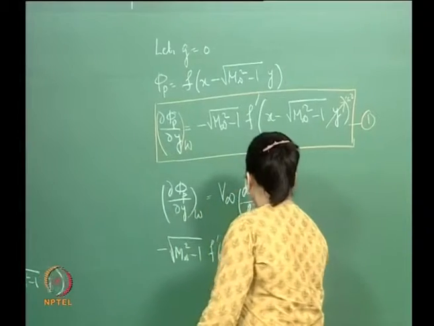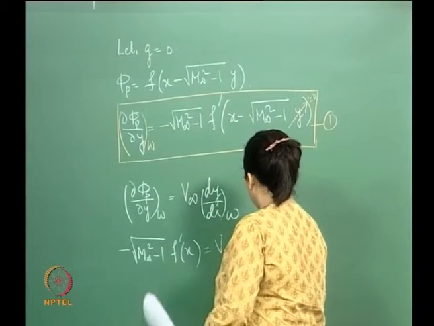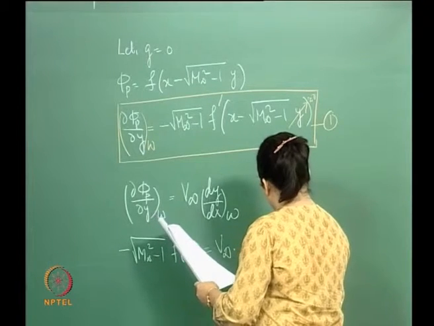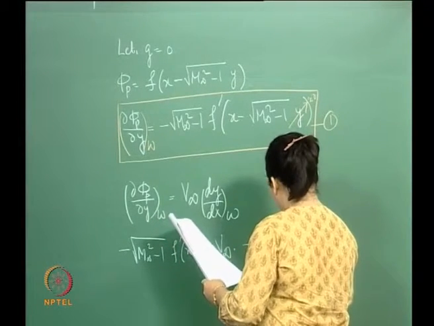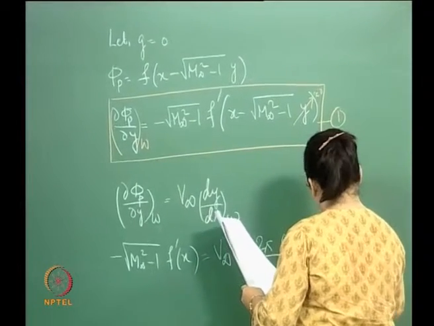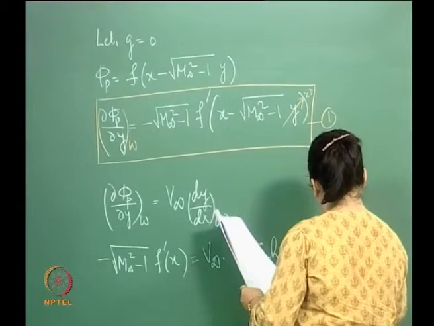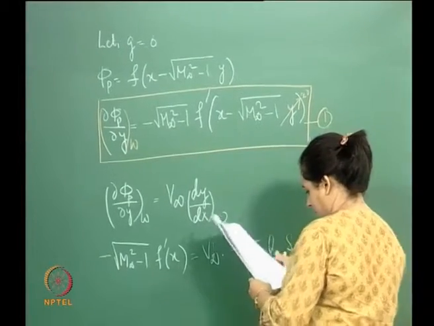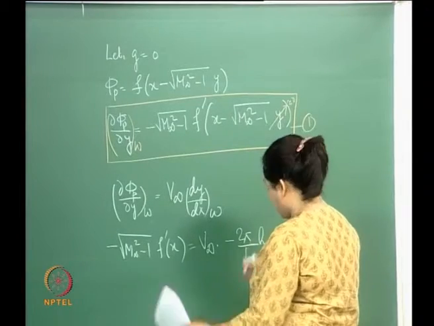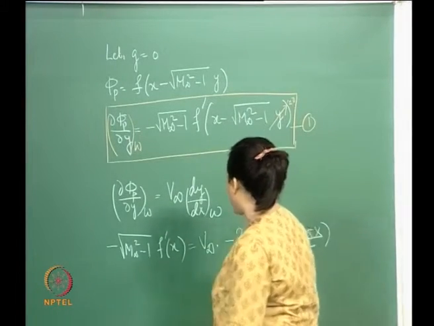Is equal to, and the slope was given as, okay, so this is what we get. So here we can get our f dash x.